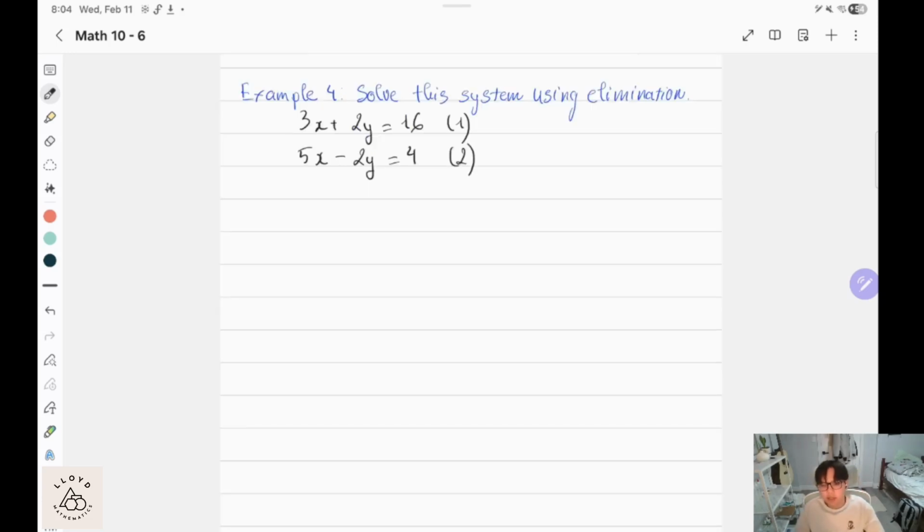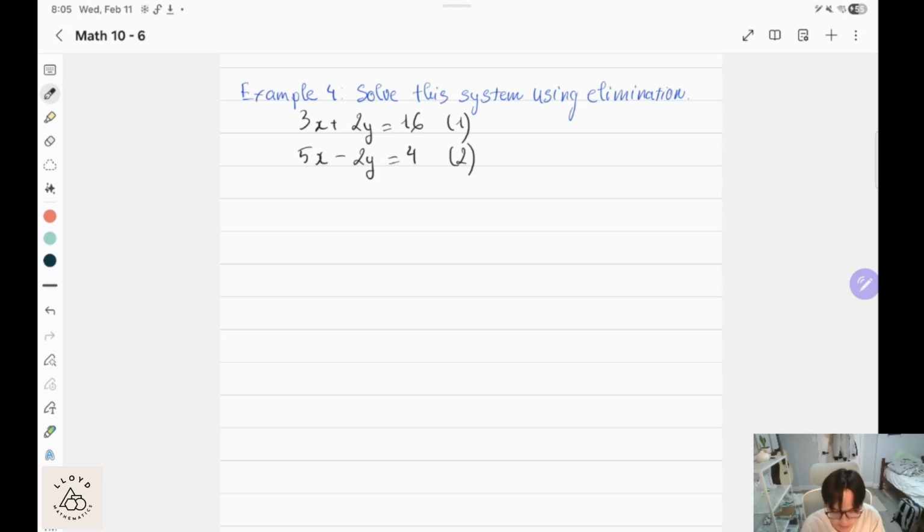Okay, this is another example of how to solve using elimination. In this one, in the first and the second equation, we can see the coefficients of y are kind of similar. So we don't need to calculate the least common multiple anymore.